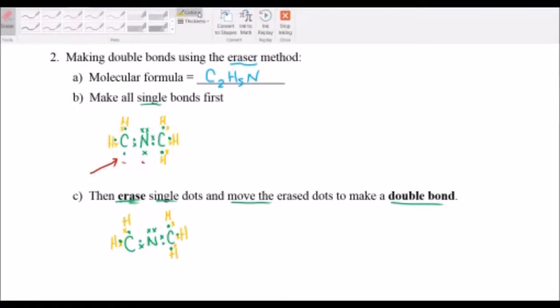I now bring those 2 electrons back, and they'll come back in between this C and this N where they lost dots. They didn't really lose them. We just moved them. So now you should see in this space here, that's a double bond.